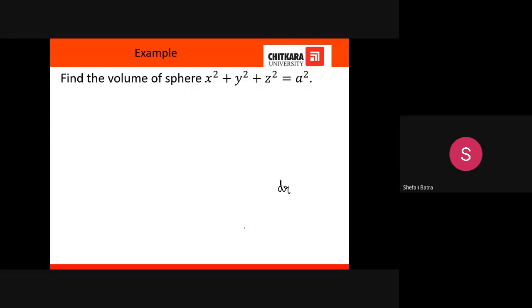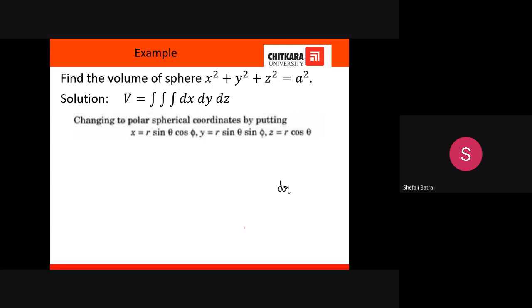Then we discussed this example: find the volume of a sphere. So volume is given by triple integration dx into dy into dz. Then we change it into spherical coordinates. In spherical coordinates, you have considered here the angle theta, right? So this is your z.